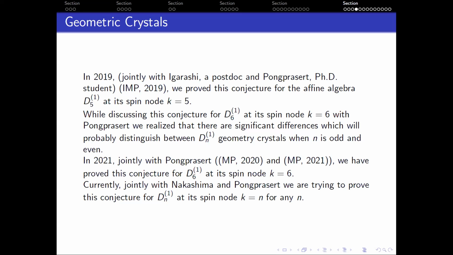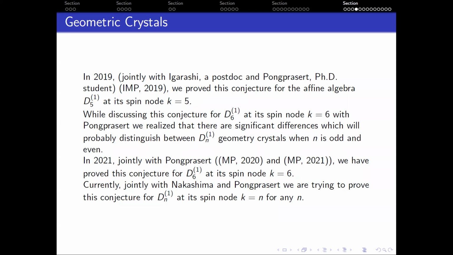And we saw that it is much more complex. But that actually became her PhD thesis. And we recently published that paper finally. It was in 2 papers. The first one gives the geometric crystal, which was basically in her thesis. And the second one was the proof of the conjecture.